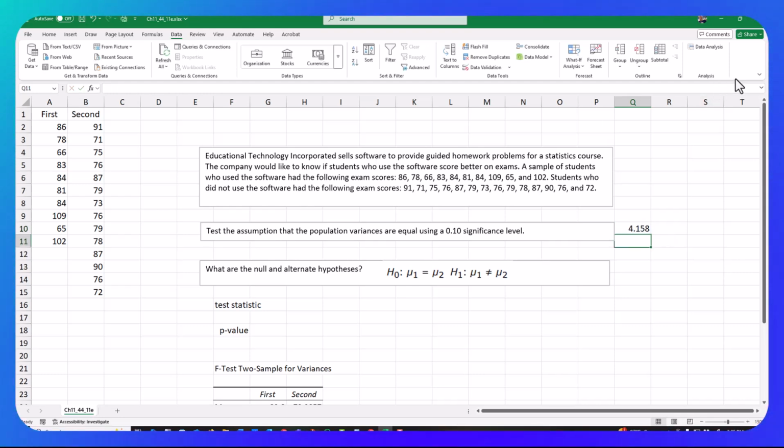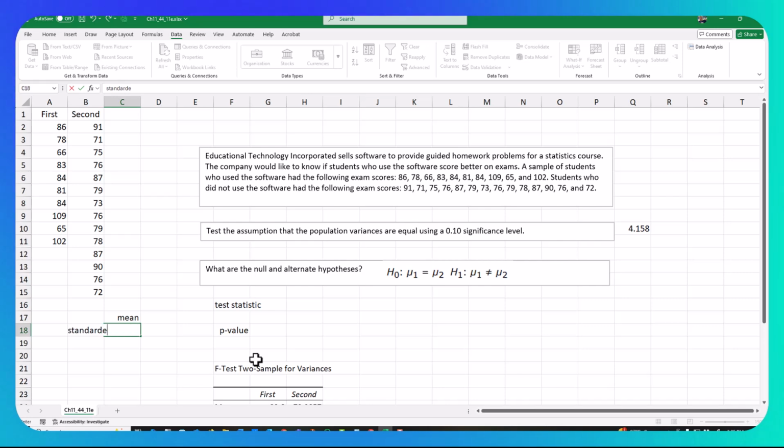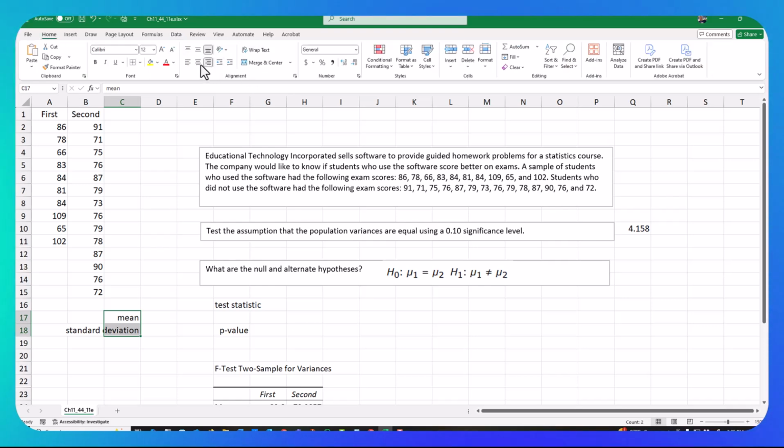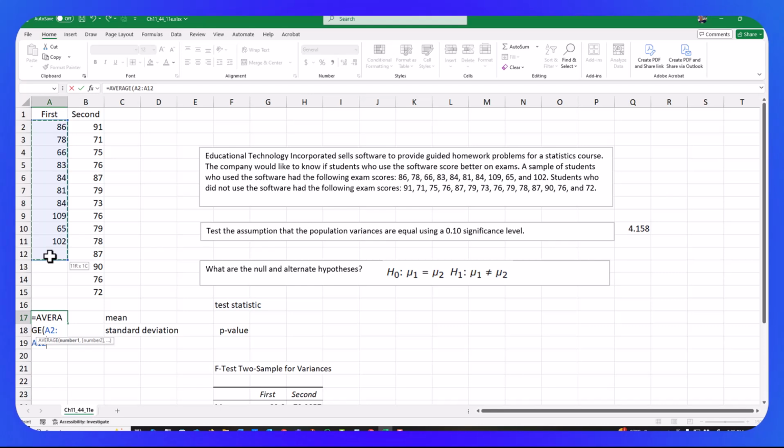But let's say you don't have that add-in on your computer. Then what you could do is find the mean and the standard deviation, because we're going to need these anyway. And so how do you find the mean? You do average, highlight your values.